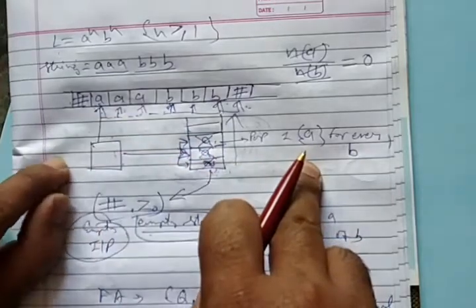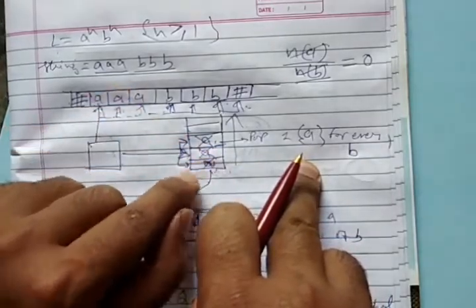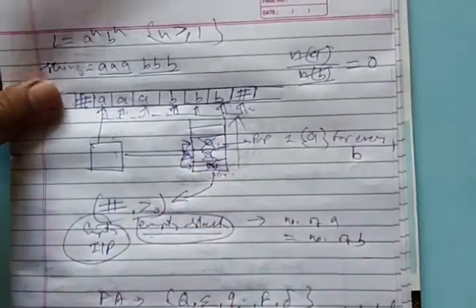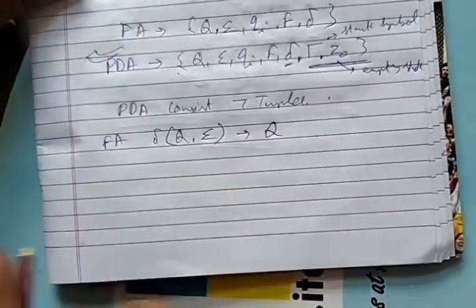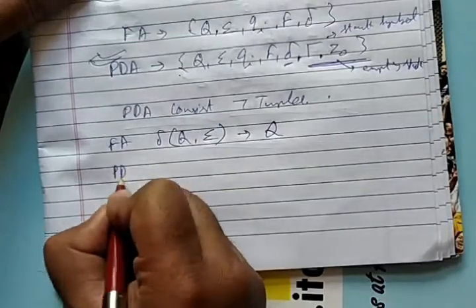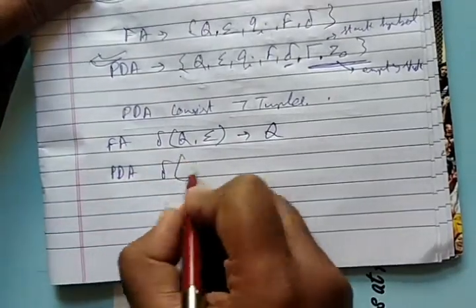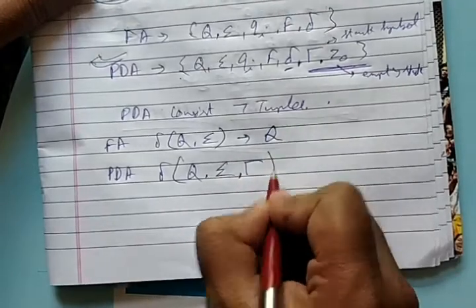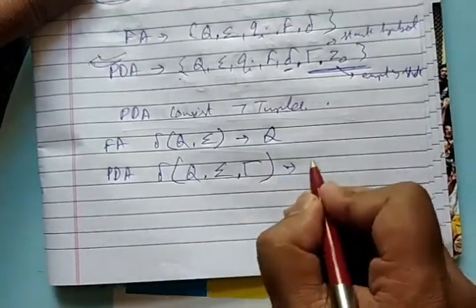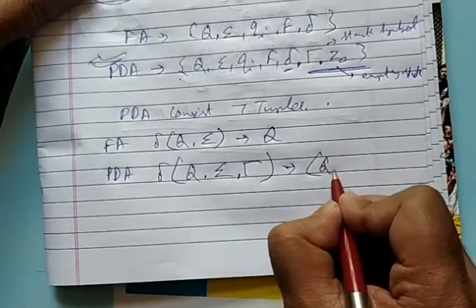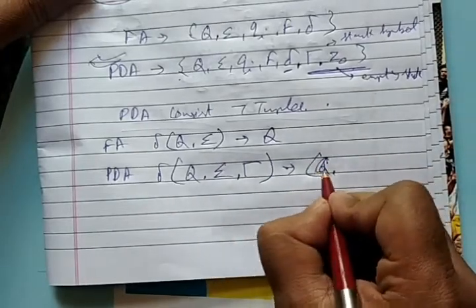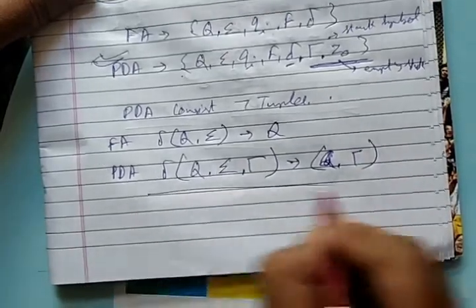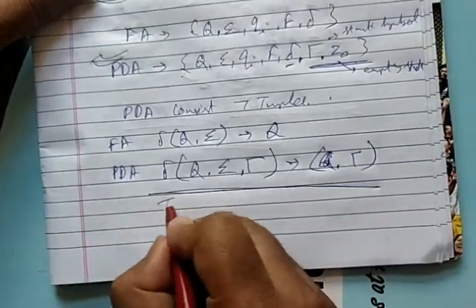The output is that I am going to make certain changes into my stack with respect to state. So that is my transition function for PDA, which says that by taking a certain state, corresponding input and stack symbol, I am going to make changes into my state and my stack. So that is the transition function.